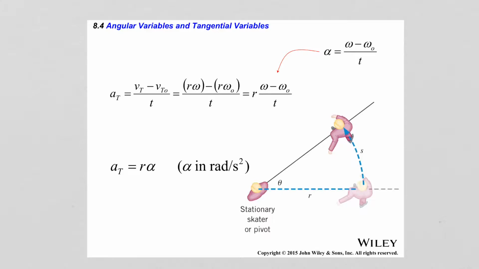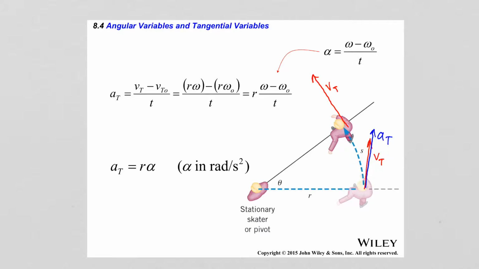So if this is the linear velocity of the skater at this point, at this later point the linear velocity is larger, and so for that to happen there has to be a linear acceleration present, and the linear acceleration or tangential acceleration is directed as so as well.